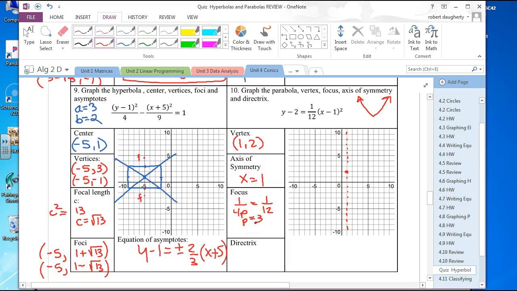So if this opens up, then 1, 2, 3, the focus is at 1, 5. And then the directrix, 1, 2, 3, right here, is y equal negative 1. And the graph of this guy is like such.